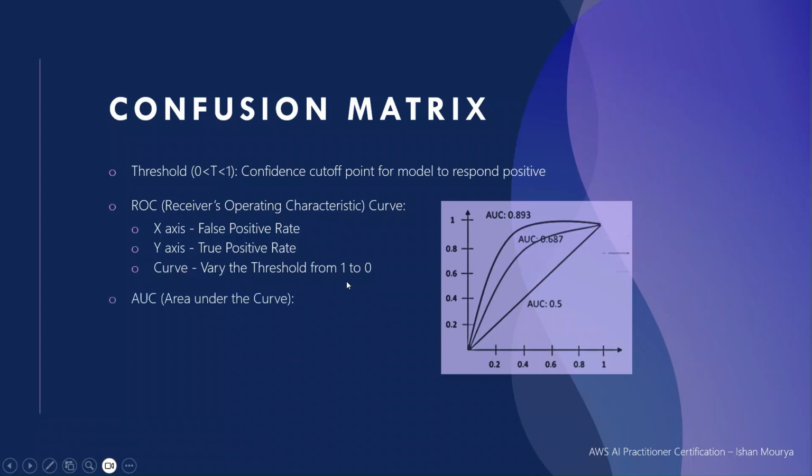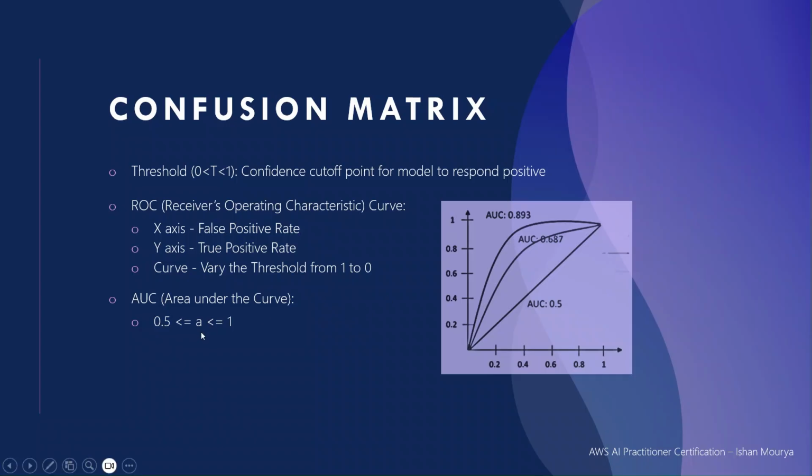Now, the very important concept: this ROC curve is something that we just look at, but from the exam perspective, the important thing would be the AUC, the area under the curve. The area below this curve is the important model performance parameter.